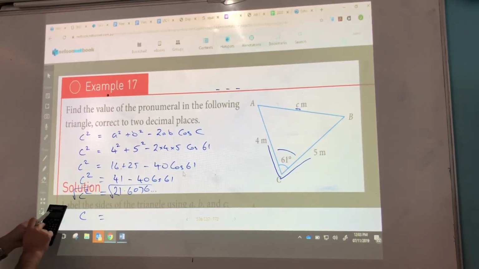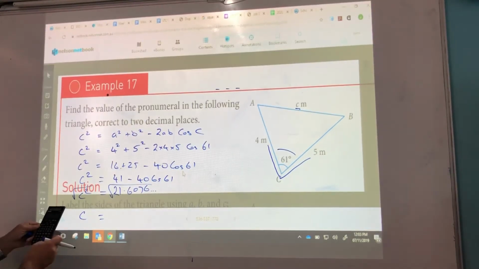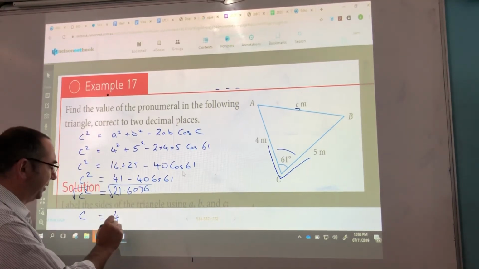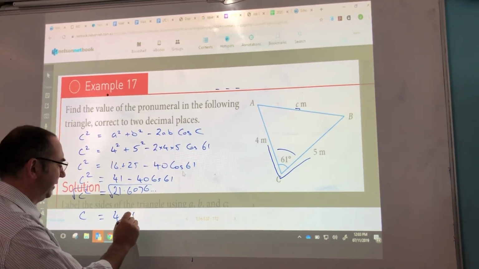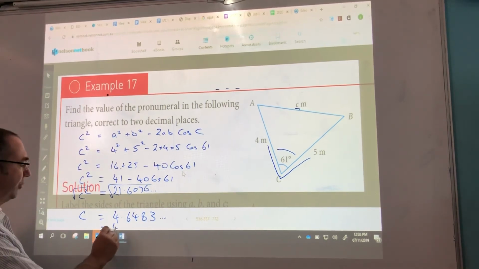Battery doesn't work in this light. Can someone tell me what that answer is? I get 4.648. Textbook tells me 4.6483. To 2 decimal places, that's 4.65.